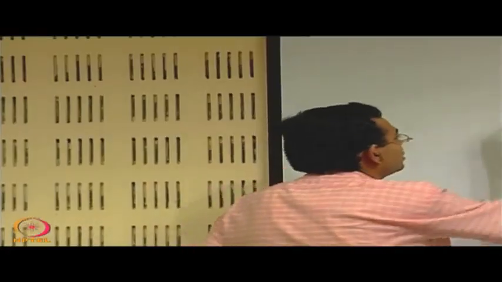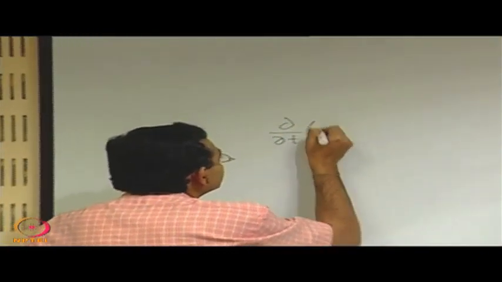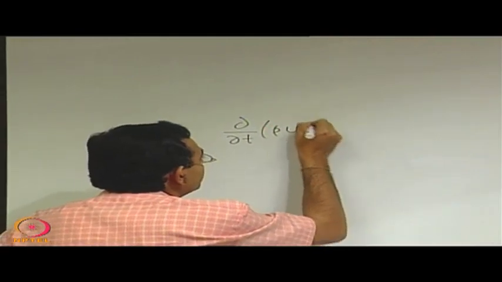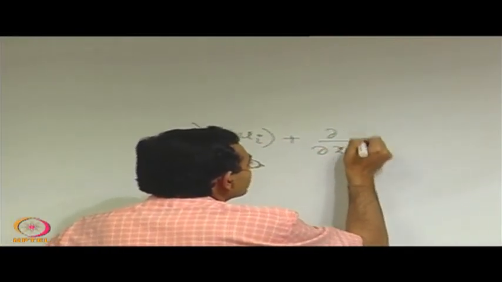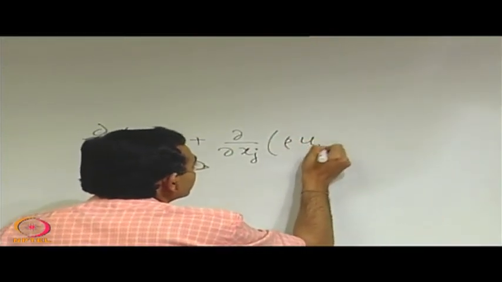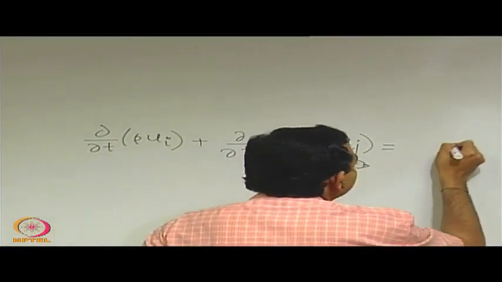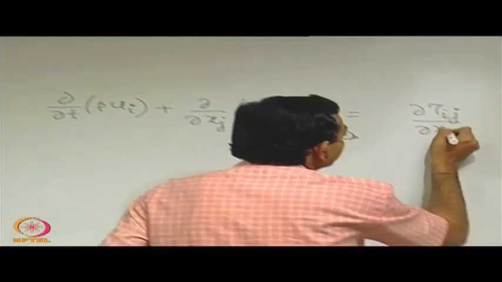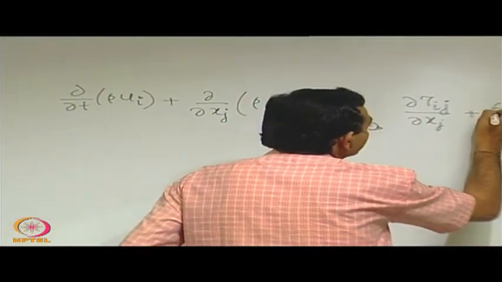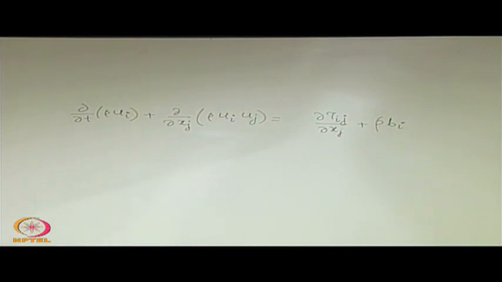So, what was the differential form? Let us write it once more. This was the differential form that we derived.